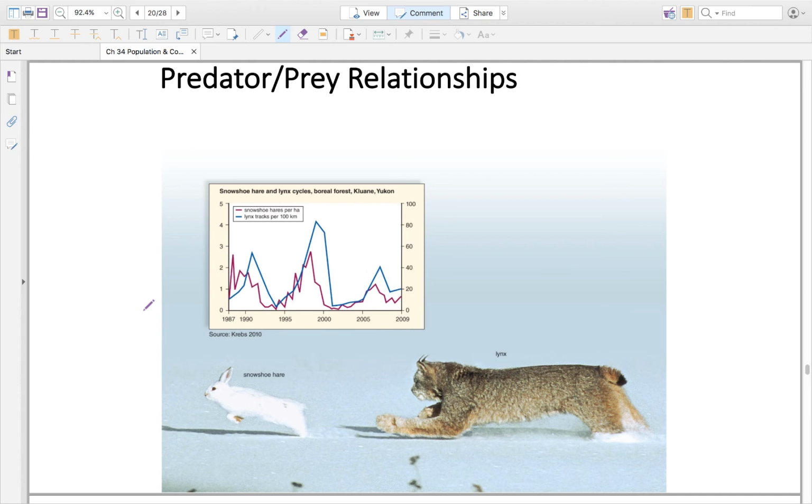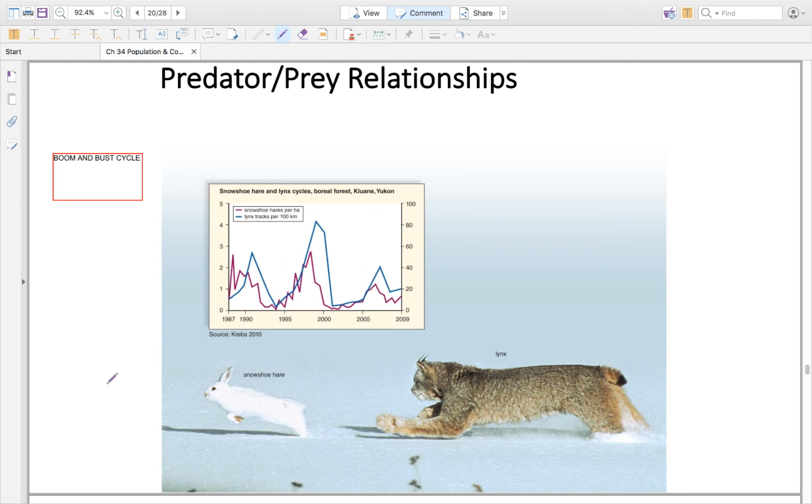Predator-prey relationships typically demonstrate a boom and bust pattern, and that's an important fact. I'm going to add that here. This is a boom and bust cycle. That's a typical cycle, and what we're looking at here is the snow hare and the lynx.